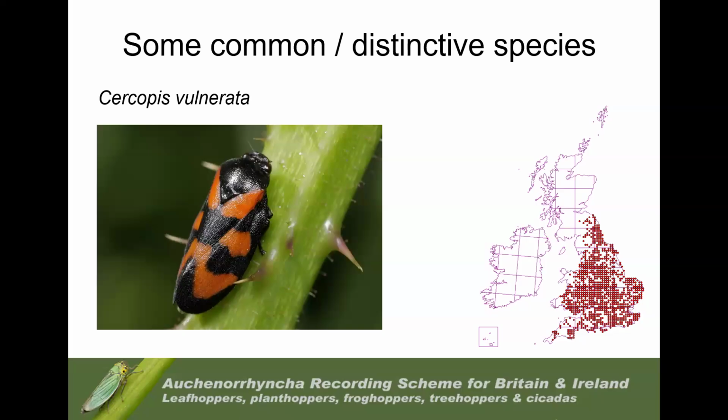In 2023, I think it was the first time that it broke into Scotland, in Berwickshire. So this is a species that's clearly expanding northwards, but certainly in the majority of England and Wales, it's a pretty common, widespread, and very, very distinctive species.